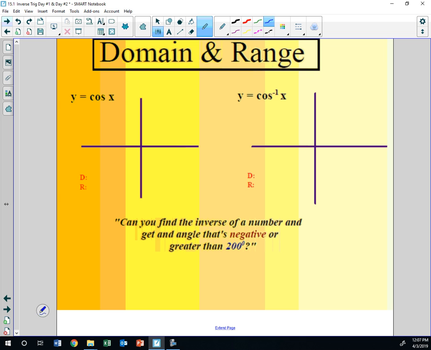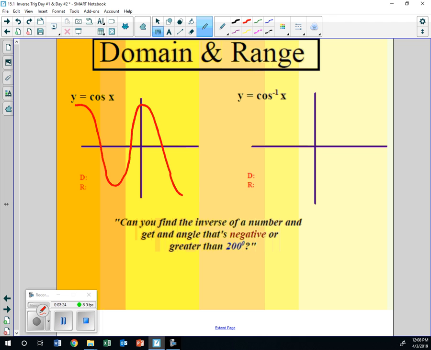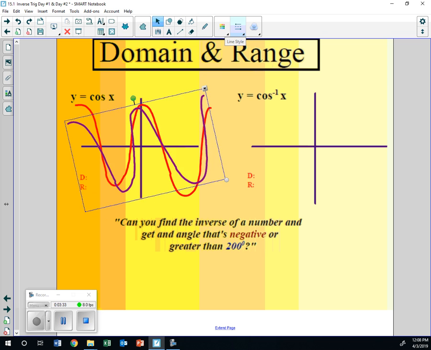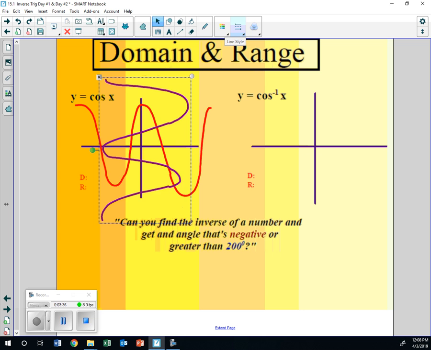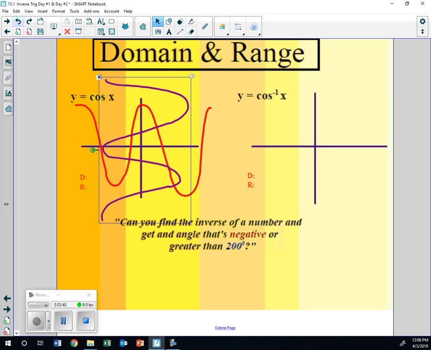Let's try cosine, okay? Cheap. So proving my frugality again, if you draw the cosine curve, it looks like this. Okay, and if I take this and turn it and flip it, oops, rats.